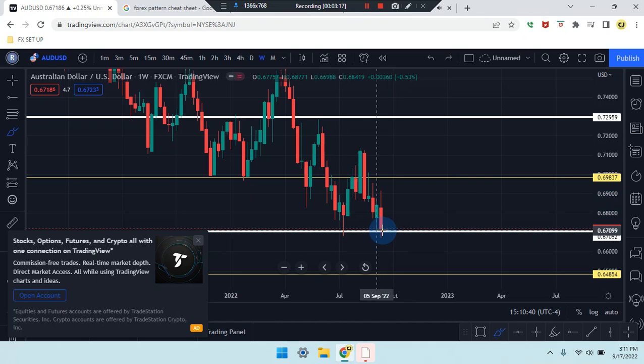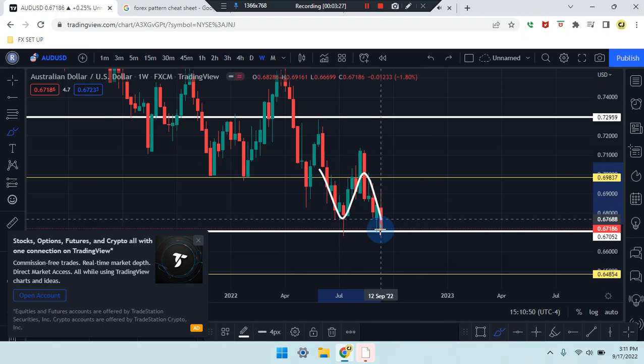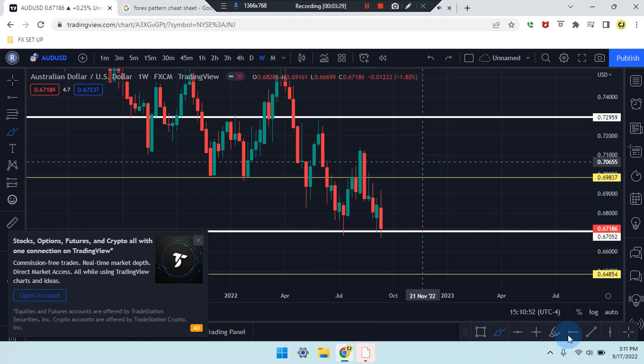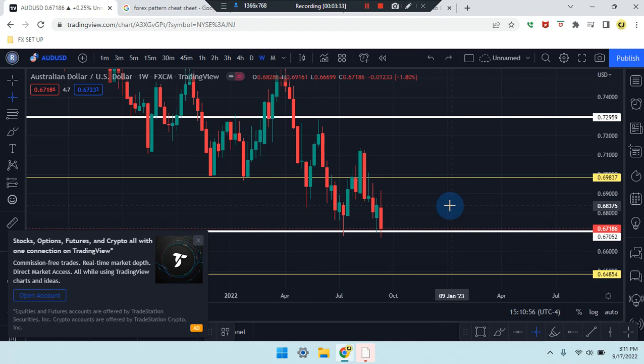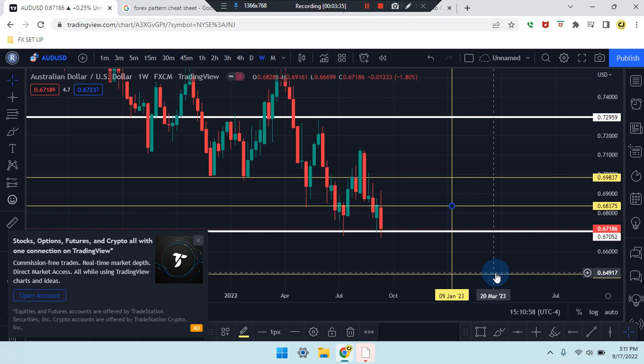So as we at this area, we're going to see if that market's going to break this area to retest and work its way down further. If not, market turn around for that uptrend, which will be identified for that first, second, third, and market push up for that fourth. So if market turns around and work its way back up on this weekly time frame, it can head to that midpoint of those areas, which would be at 0.68375.